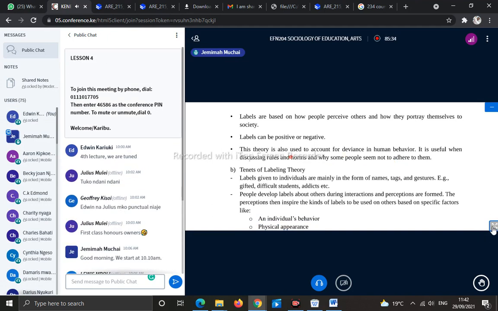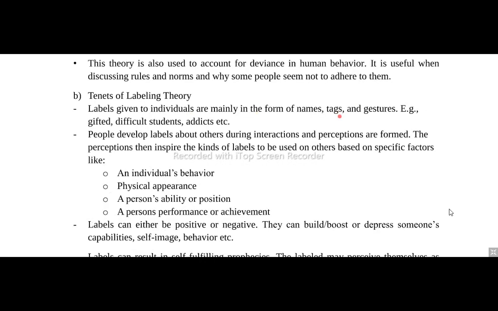Tenets. Remember tenets, the assumptions of labeling theory. Labels given to individuals are mainly in the form of names, tags, and gestures. For example, gifted, difficult student, addicts.